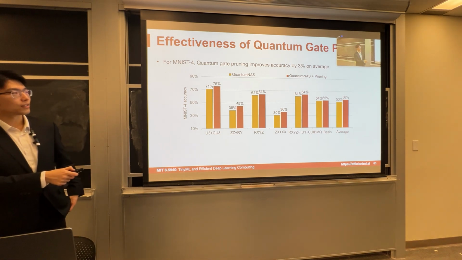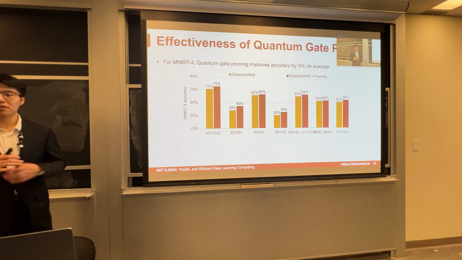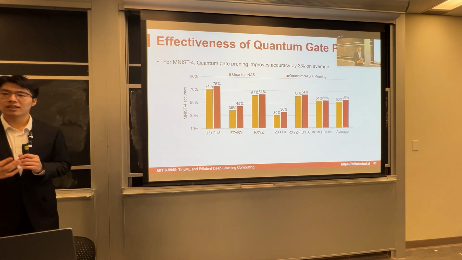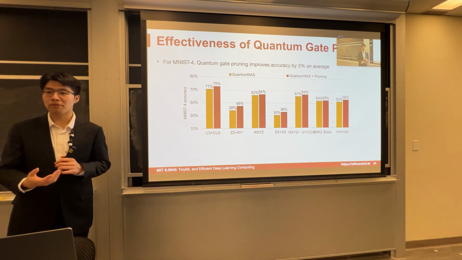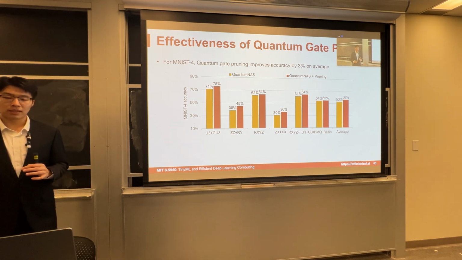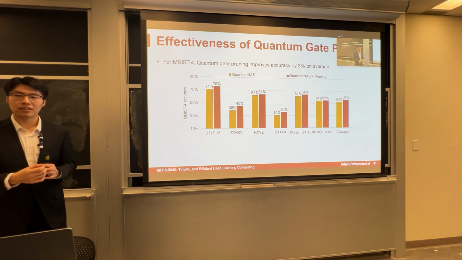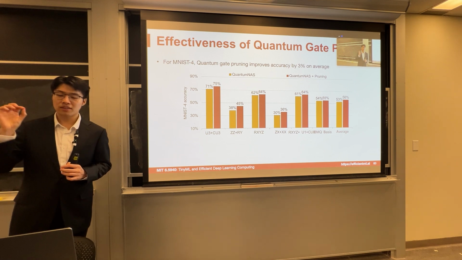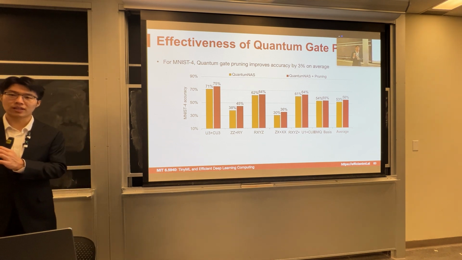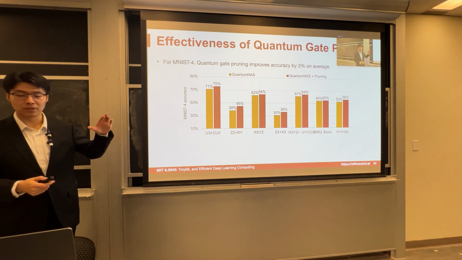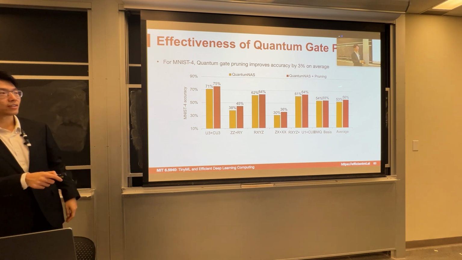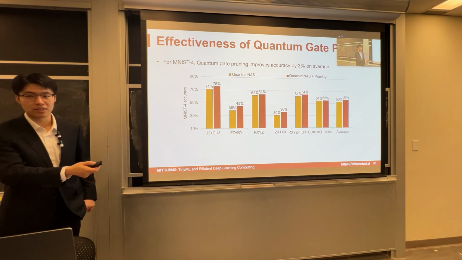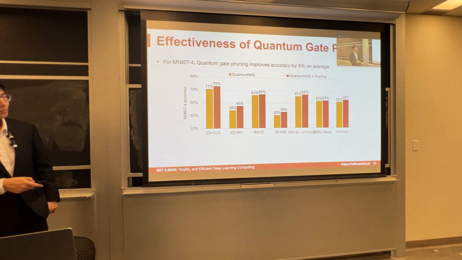The rationale is that after you prune some inessential gates and retrain the remaining ones, the noise-free performance will be very similar. But because you remove those inessential gates, the noise introduced is reduced. That means the impact from noise is reduced, so you can achieve performance closer to the noise-free simulation result. That's why after pruning, our performance can even be increased by several percent here.